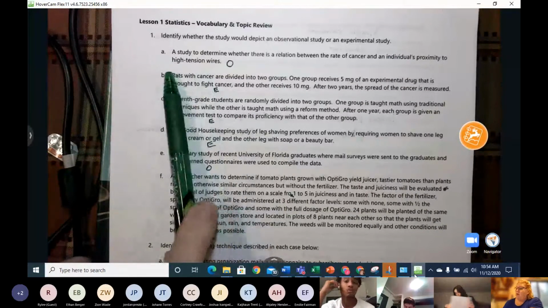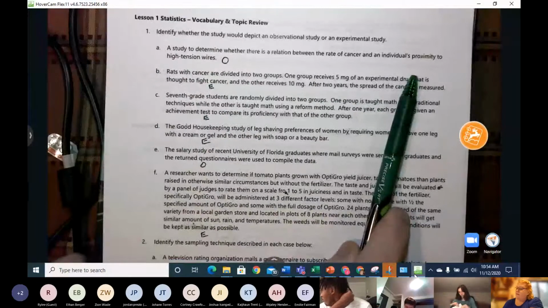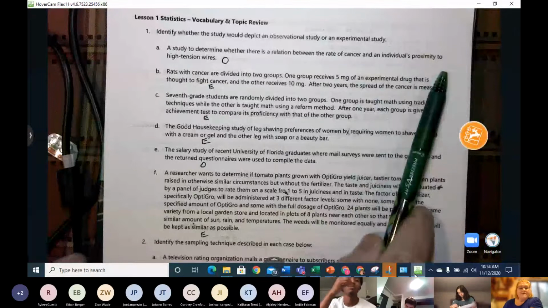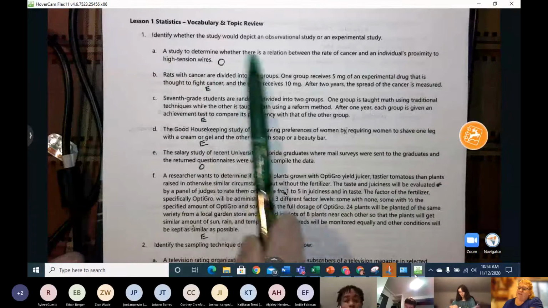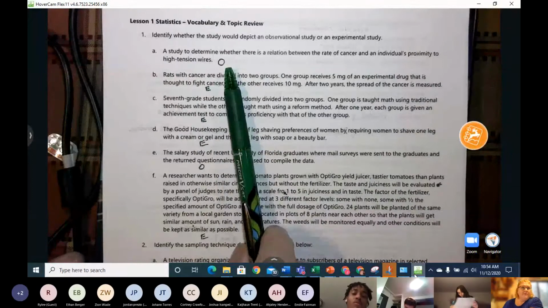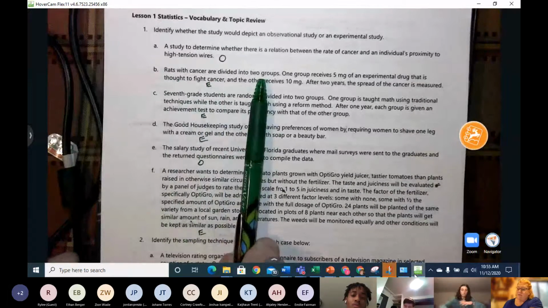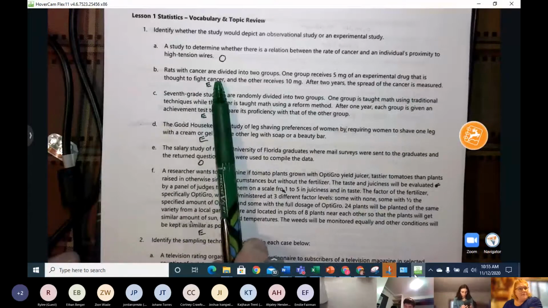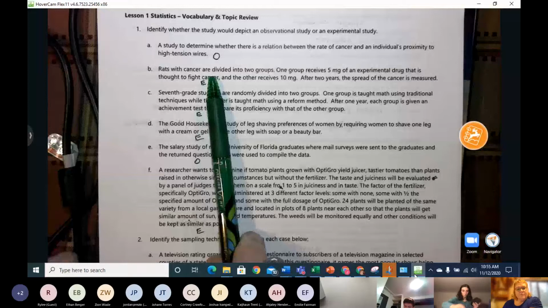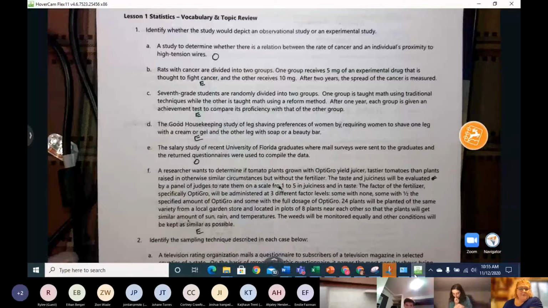So with that first one, a study to determine whether there is a relationship between the rate of cancer and an individual's proximity to high tension wires. That is an observational type of study. When you look at rats with cancer and divide them into two groups and apply one type of medication to one group, another type of medication to the other group, and then remeasure, that is an experimental type of study.